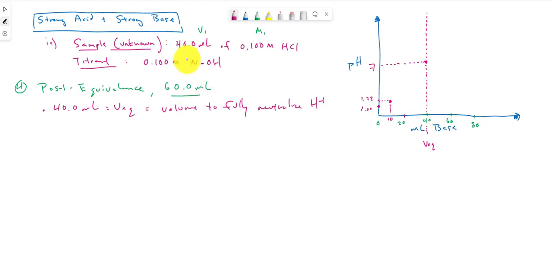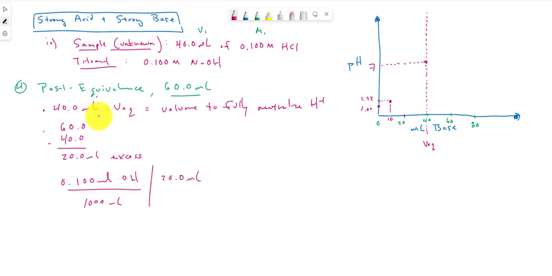Now we have 20 milliliters of essentially pure strong base being added to water, because remember, at 40 mils, what we had in the system exactly at equivalence was just pure water, and that's what gave us that pH of 7. Now we're going to be in excess of pH 7 because we're adding strong base to water. So we start with 60, we used up 40, which means we have 20 milliliters of excess strong base.